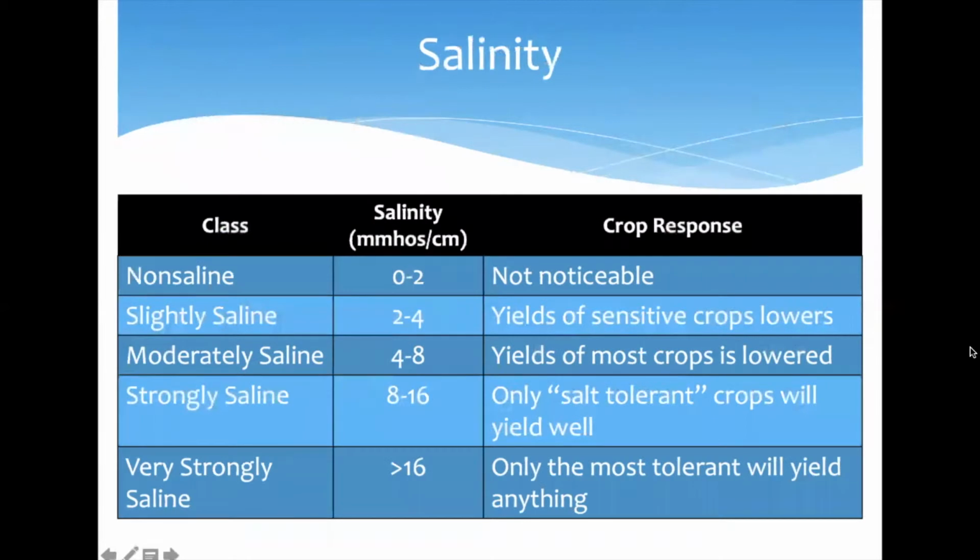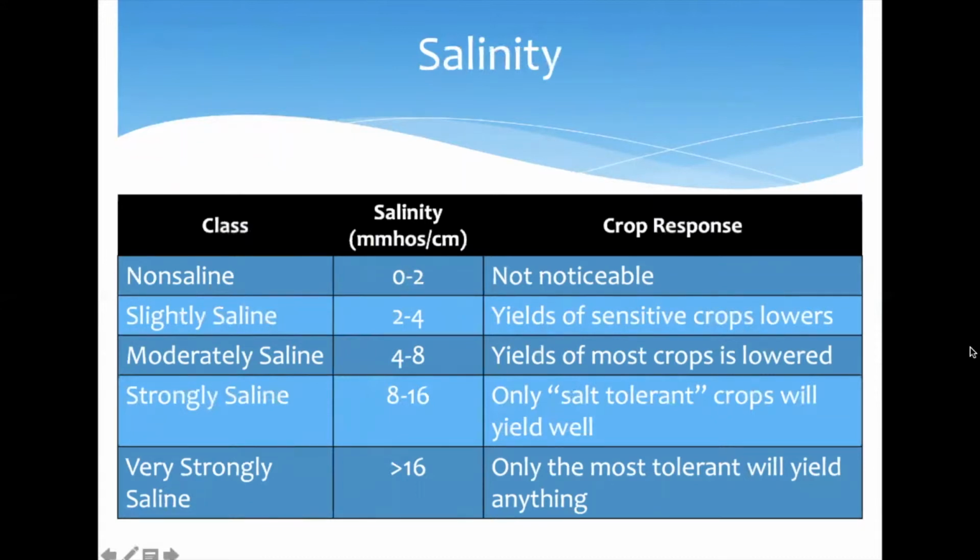Now, when you're looking at EC measures, this is just a standard, but if it's anywhere from 0 to 2 millimoles per centimeter, there are no issues whatsoever. Anything above that, you're going to experience some issues. So at 2 to 4 millimoles per centimeter, the yields of sensitive crops are going to be a lot lower.